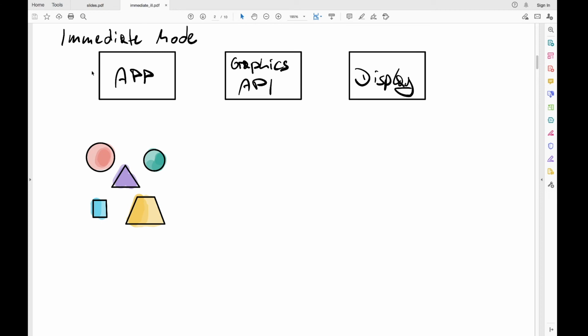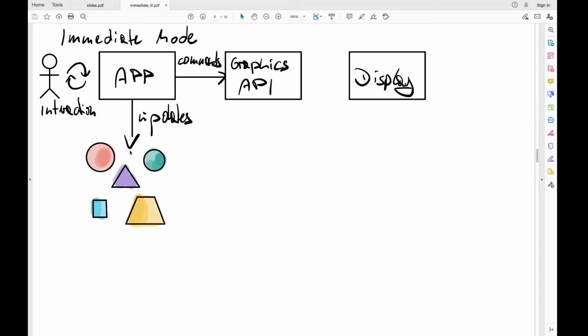In the immediate mode model, the application is assumed to hold all the data of the three-dimensional scene. When the user interacts with the application, this results in the application modifying the three-dimensional scene and then translating that into draw commands or copy commands that tell the graphics API to copy data to the GPU.